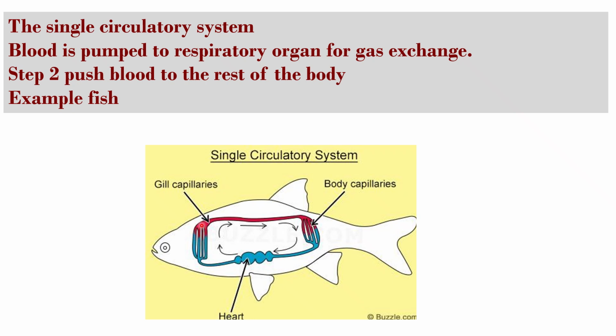And then the blood circulates to the body and returns to the heart in a cycle. The heart pumps the blood to the gills, then to the body, and this is the second step. And then it returns back to the heart in a closed circuit.